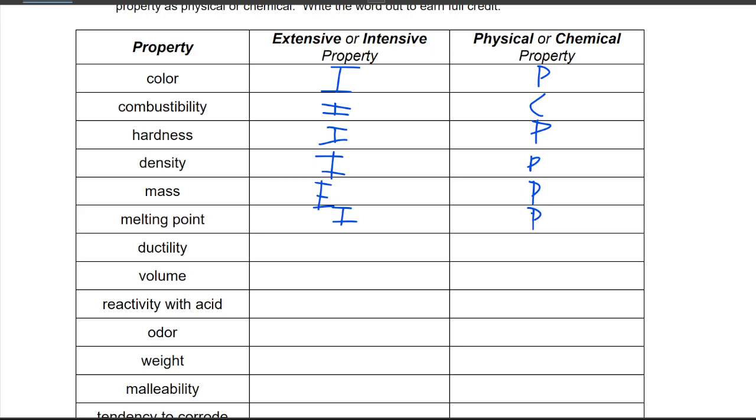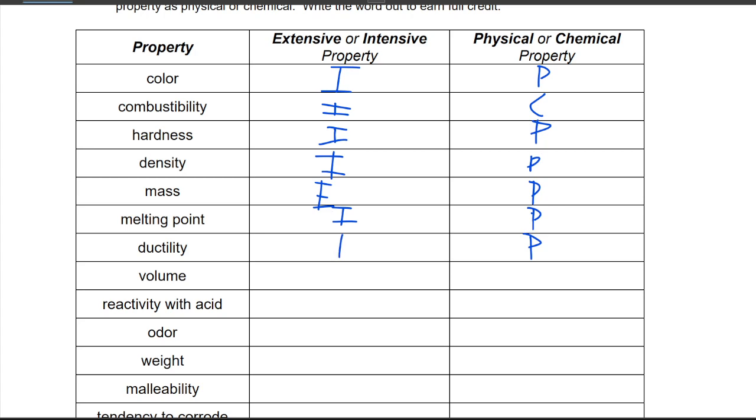So it is physical. So ductility, you may or may not know what that is. Ductility is the measurement of the ability of a metal to be drawn out into a wire. So again, it is just changing the shape of the metal. So we know it's physical right off the bat. Ductility, it's intensive.